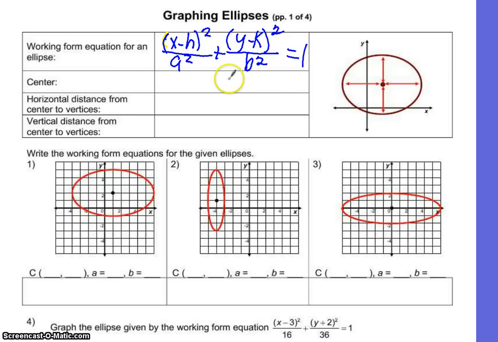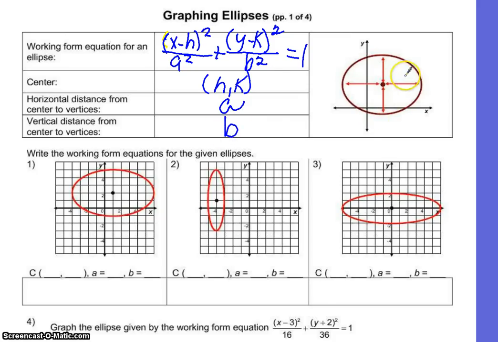So that's what an ellipse is going to look like. Now, keeping in mind that the center is still going to be at, what do you think? H and K. Now, the horizontal distance from the center to the vertices is going to be your A, and the vertical distance from your center to your vertices is going to be your B.